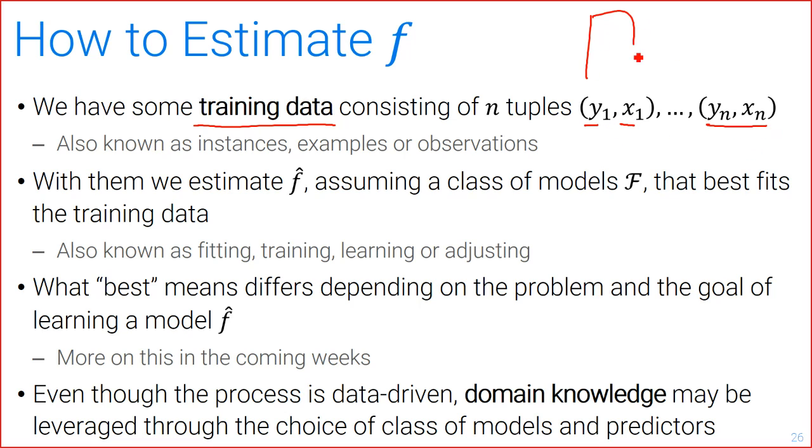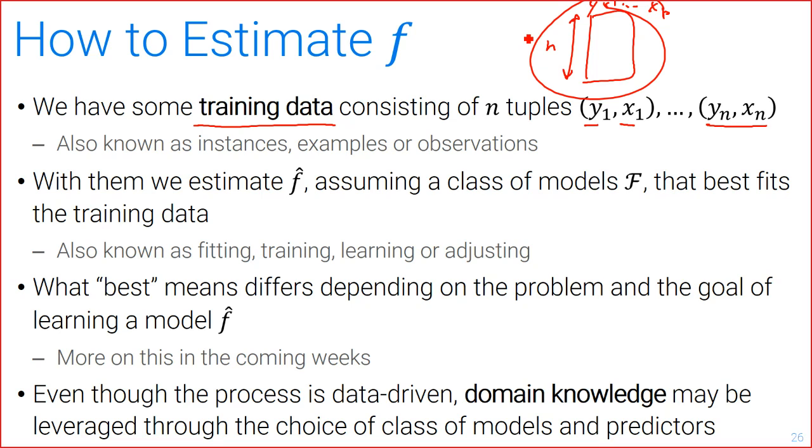So if you look at it in a table format, again, here we would have y, x1 all the way up to xp, and we have a total of n observations. Each of those observations, by the way, we also call examples, instances. We have different names for it. So the rows of the table, if you will. So the point is we have certain data, a data set. We run our study, and this is the data that we have.